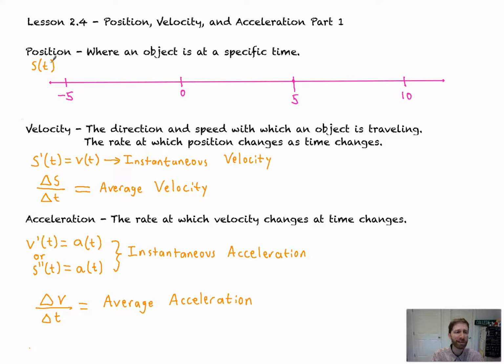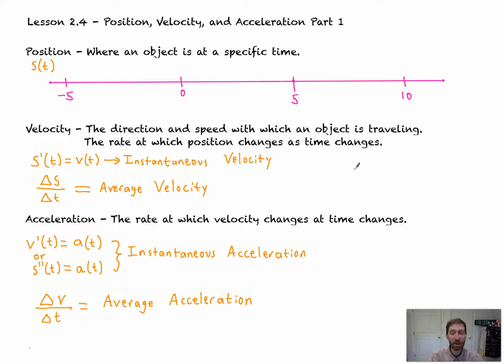If you find the slope at an instant on the position curve, you're basically saying, how are we changing, right, in terms of where you are per time, miles per hour. So that's why velocity is the derivative of position. Average velocity is delta S over delta T, or the change in the position over the change in time.